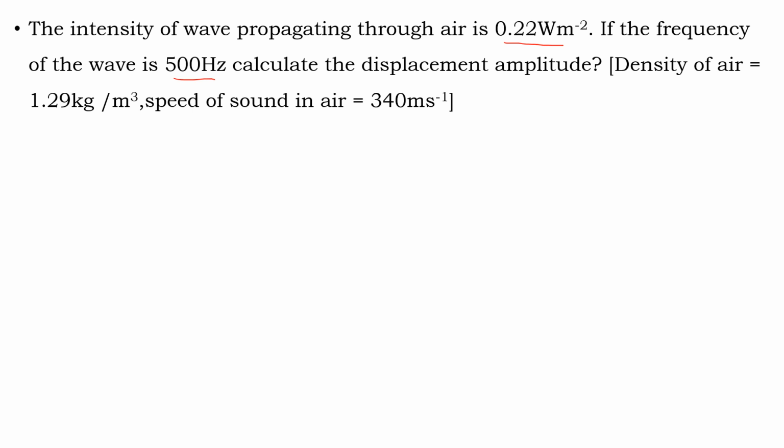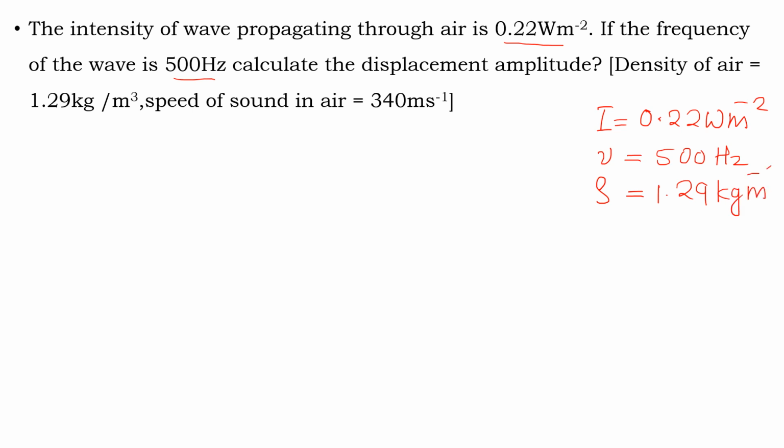That is, the data given is the intensity I = 0.22 watt per meter square, the frequency nu = 500 Hz, the density rho = 1.29 kilogram per meter cube, and the speed of sound in air is 340 meter per second.